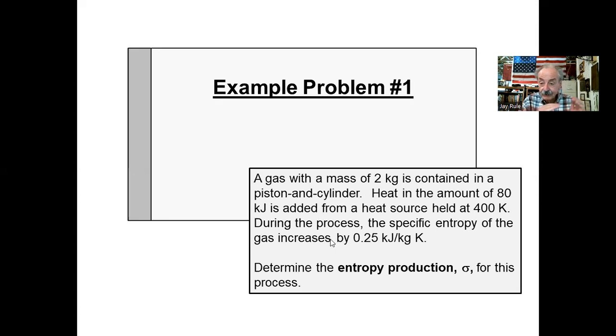That means little s2 minus little s1 equals plus 0.25 kilojoules per kilogram K. And the problem is to determine the entropy production sigma for this process.